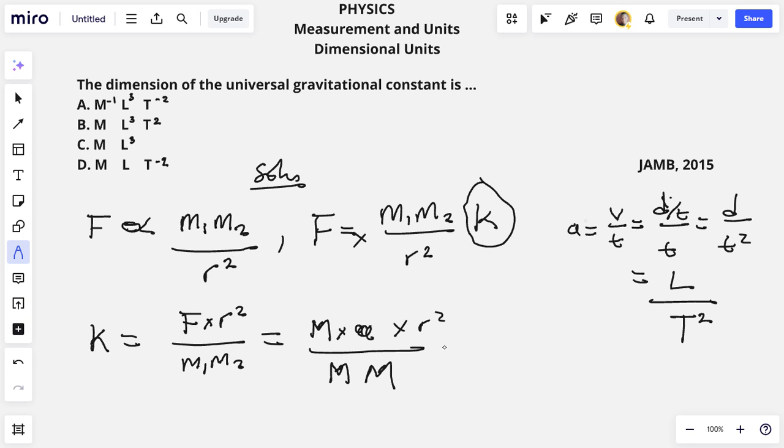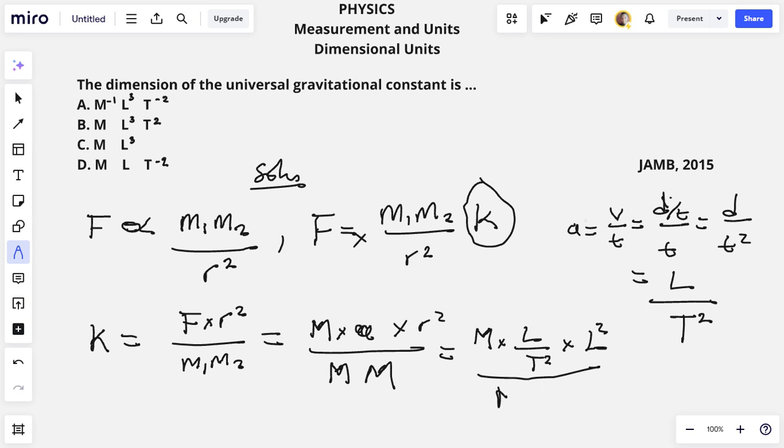over T squared. So if we represent that here, mass times acceleration will be M times L over T squared, times r squared. R is a distance, so it's represented by L. Distance times another distance is L raised to the power of 2.